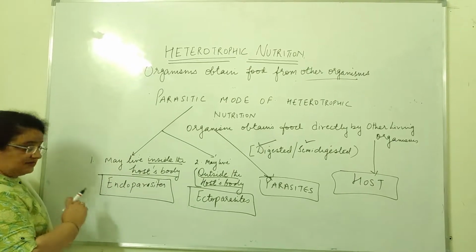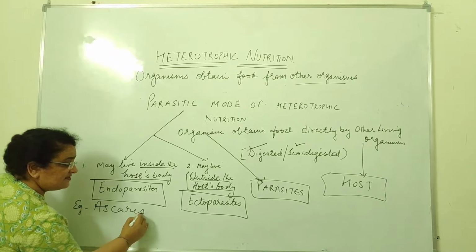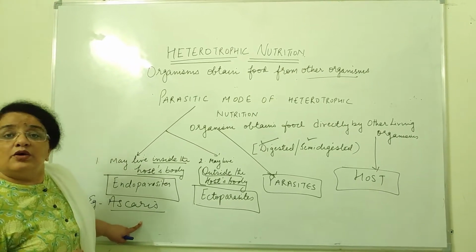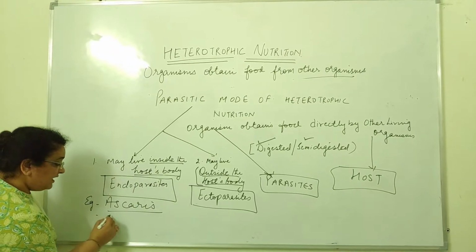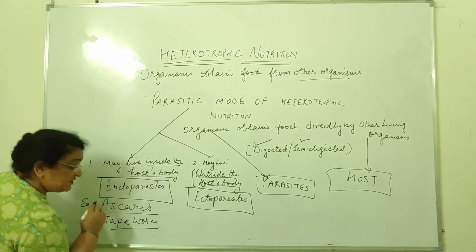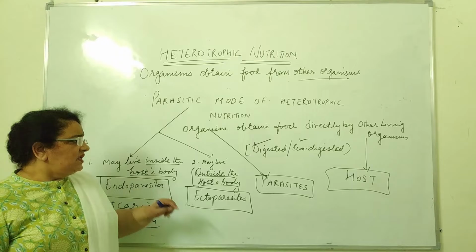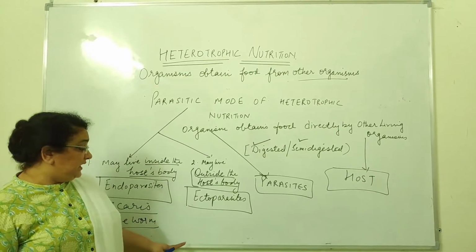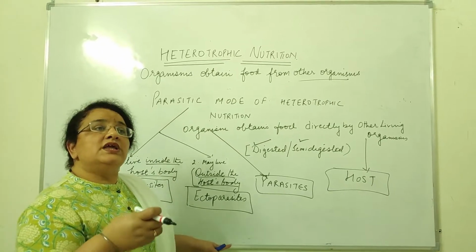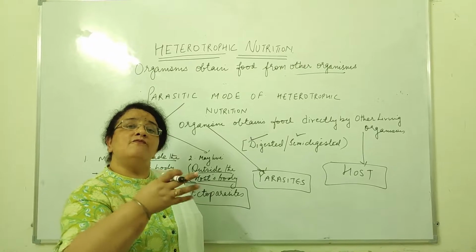Endoparasites, for example, Ascaris. Ascaris is a roundworm which lives inside the intestine of human beings. Similarly, tapeworm also lives inside the small intestine of the human body. One thing I would like to make clear is that when these parasites obtain food, they draw nutrients from the host body and they are very harmful for the host.